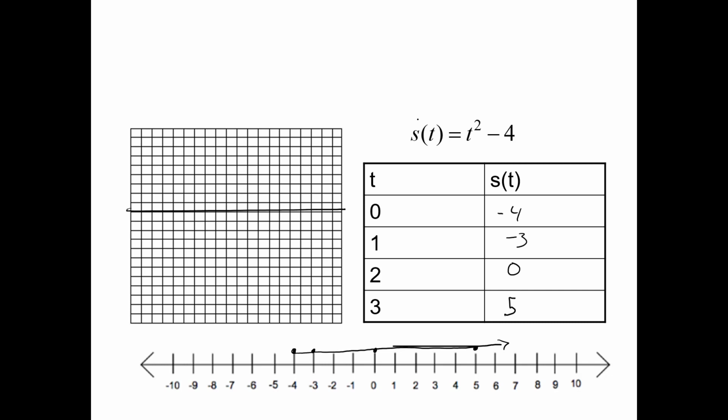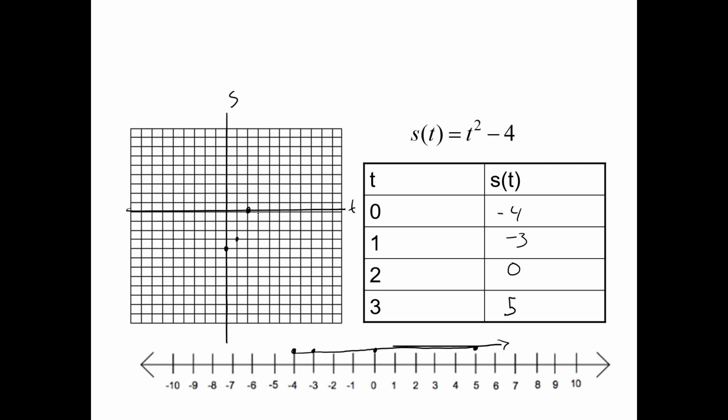position versus time. And so then at 0 we're at -4. At 1 we're at -3. At 2 we're at 0.